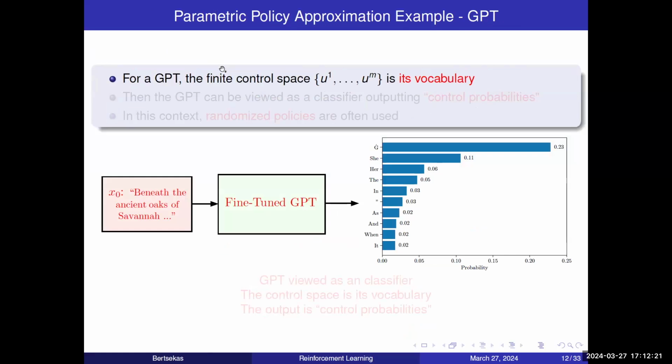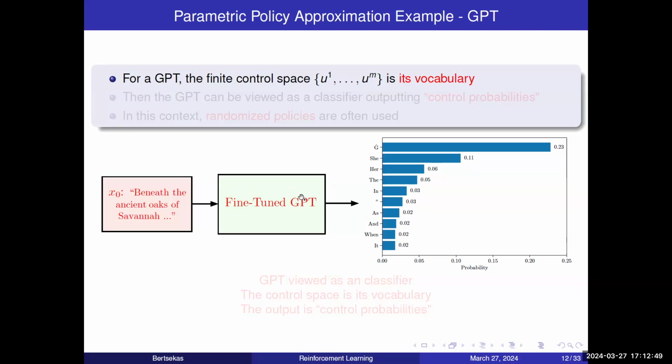Recall that in the last lecture, we talked about rollout application to GPT, whereby we view GPT as a Markov chain that defines the transition probability between different states. But it's clear from that course that a given GPT can also be viewed as a policy.